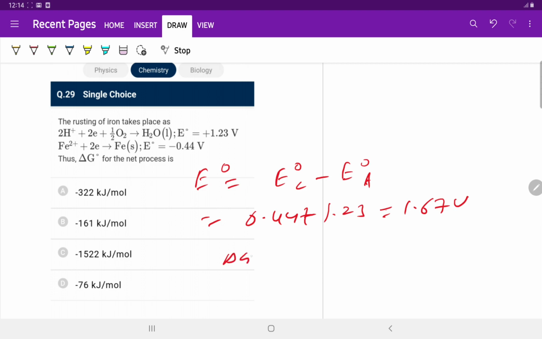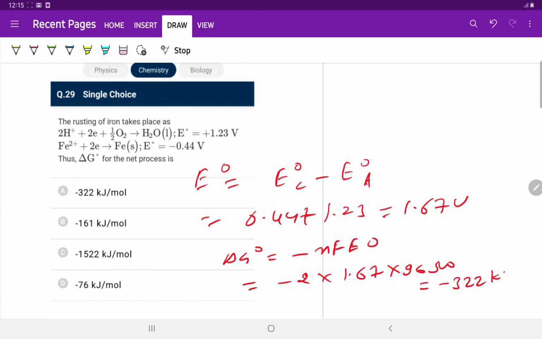We know very well that delta G naught is equal to minus nFE naught, minus 2 into 1.67 into 96500, which is equal to minus 322.31 kilojoule per mole. So there is only one option. Option A is correct for question number 29.